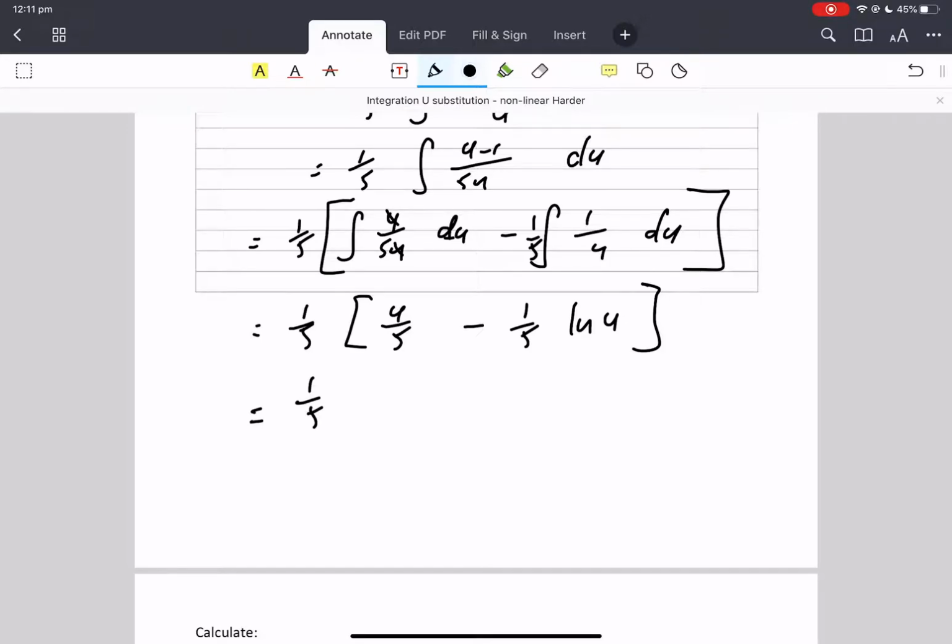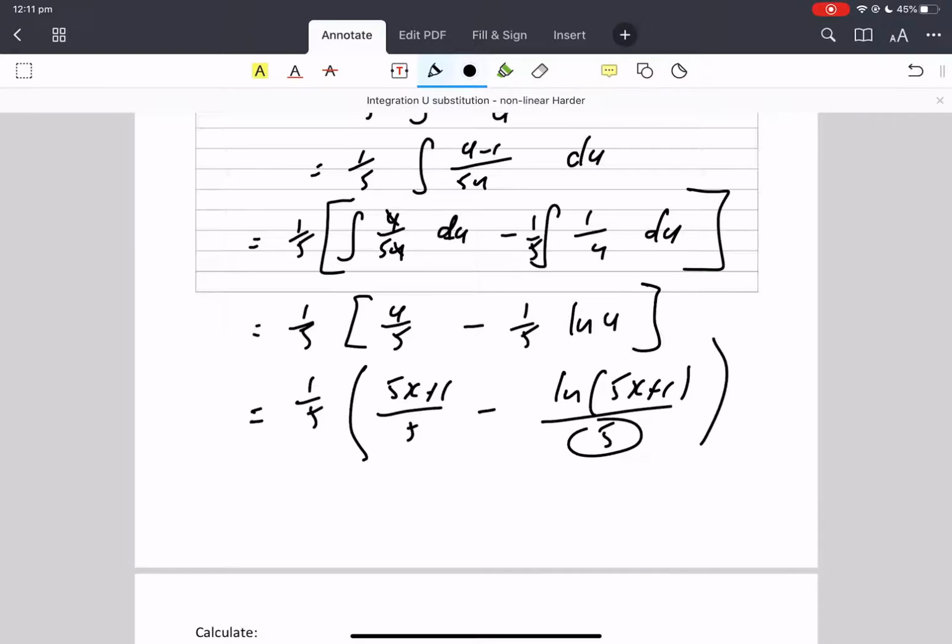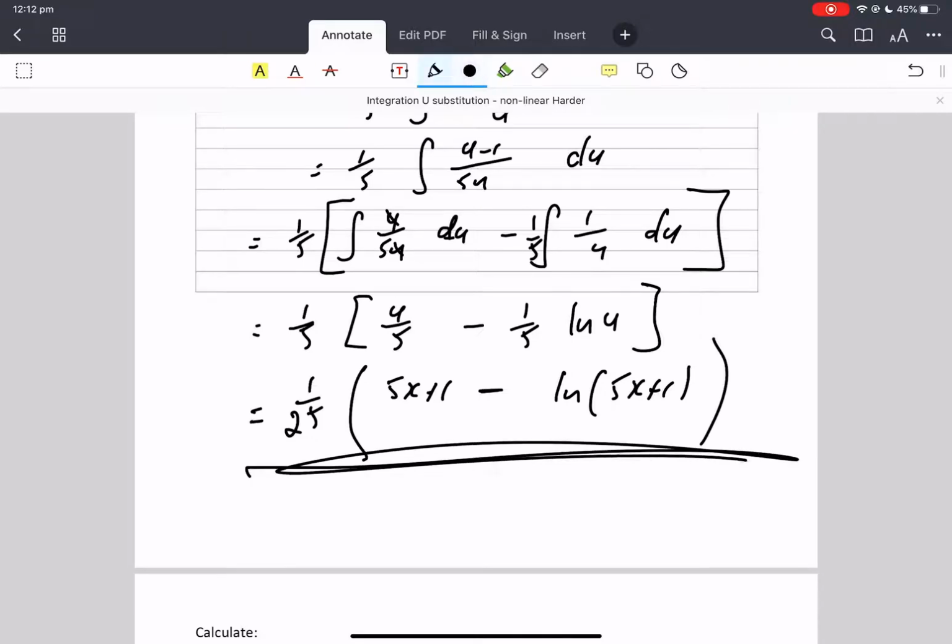So 1/5 outside a big bracket, 5x plus 1 on 5 minus log 5x plus 1 on 5. Look at these 5s here. Let's just get them out and make that a 25. That just neatens up that factorising a little bit. Okay. There we have it.